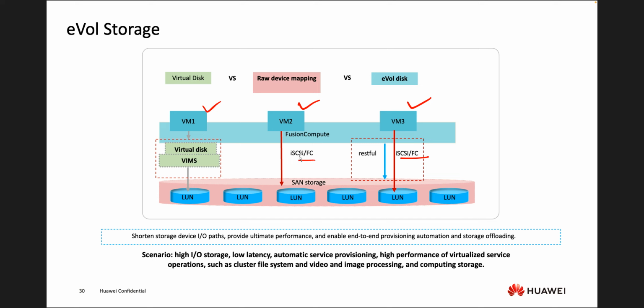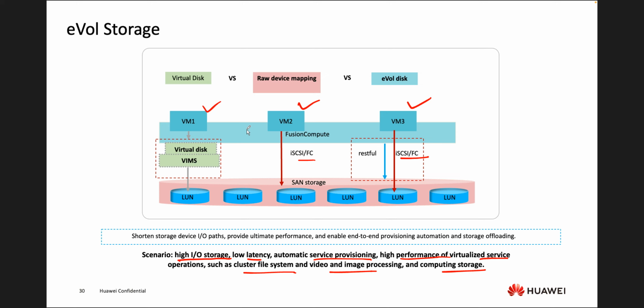Raw device mapping is also using raw disk, the same concept. So if you have high input/output storage or low latency, automatic service provisioning, high performance of virtual services, such as a cluster file system, video and image processing, and computing storage, that's a scenario where we'd use this kind of setup.